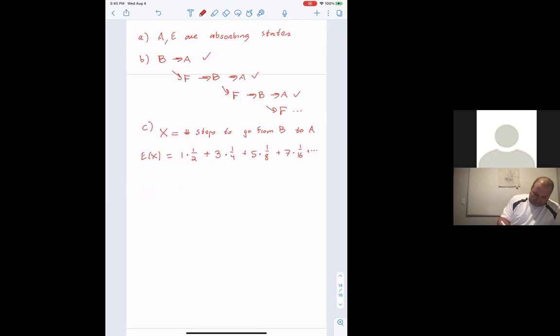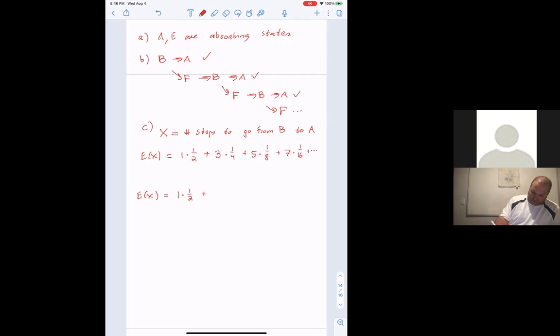Basically, the expected value of X is equal to 1 times 1/2 plus. Now, suppose you don't go to A immediately.